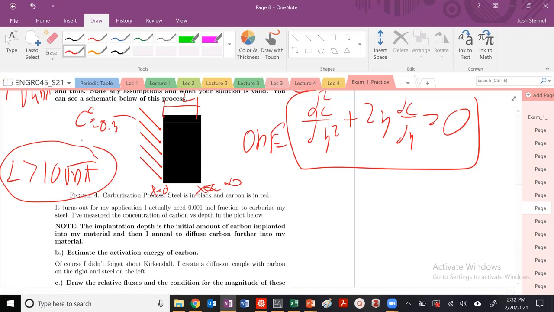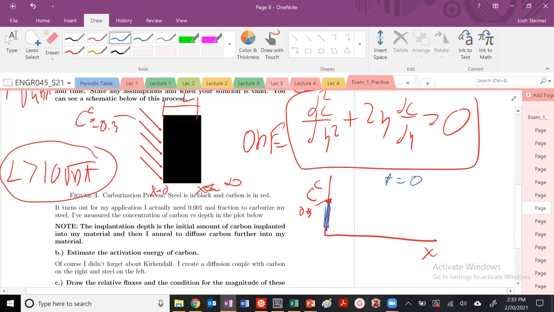So what are my boundary conditions here? What I want to plot is the concentration of carbon as a function of distance x, and also as a function of time. Initially, right at x, my concentration of carbon is 0.3. This would be at time t equals 0, drawn in blue.